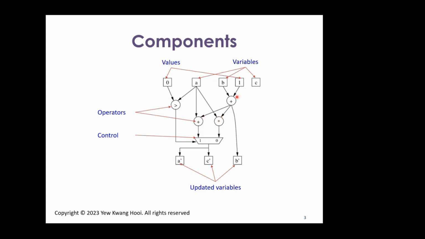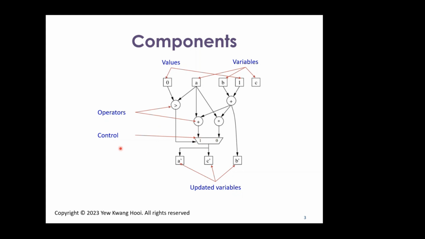Now, a data flow graph is mainly about the operators, but we can also have control. However, control is not the main feature of a data flow graph because control is better represented inside a control flow graph, CFG. In certain situations, though, we cannot avoid showing some control.